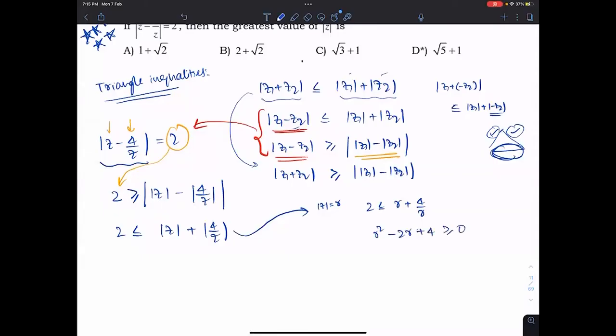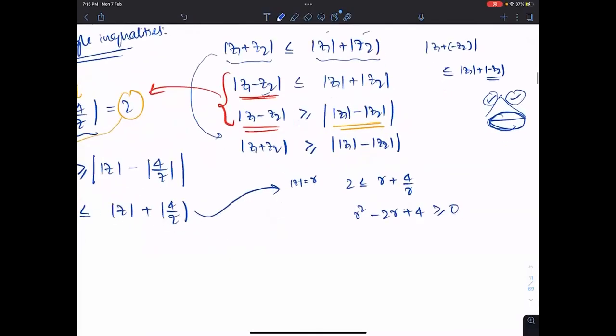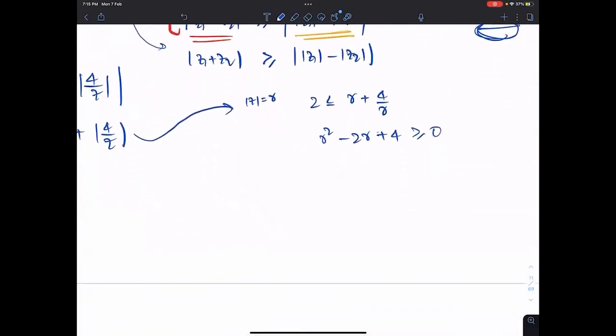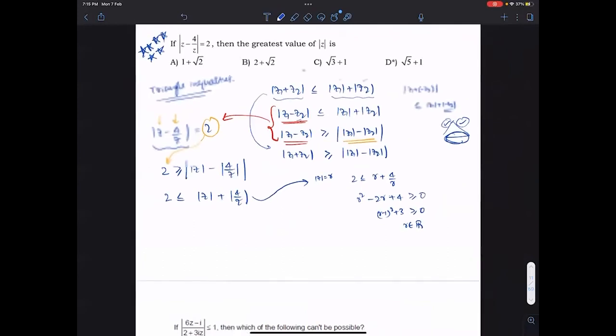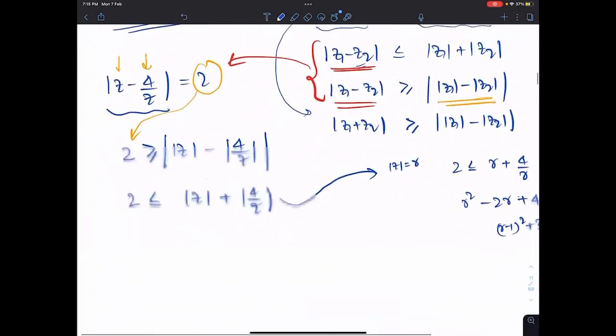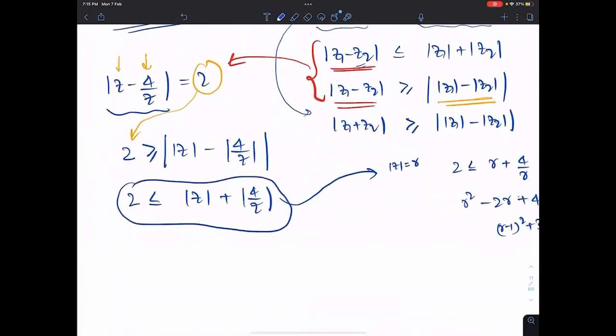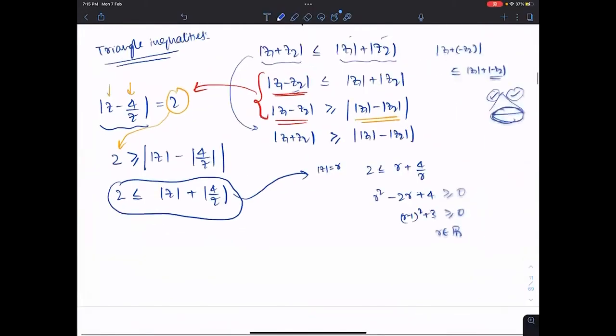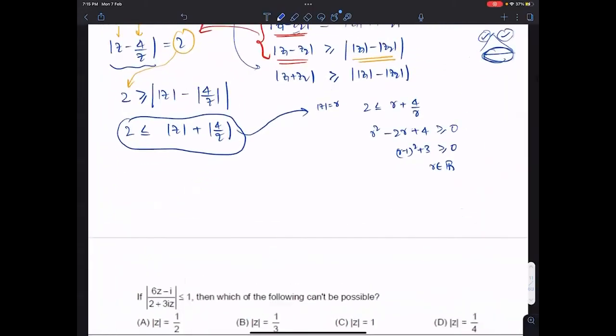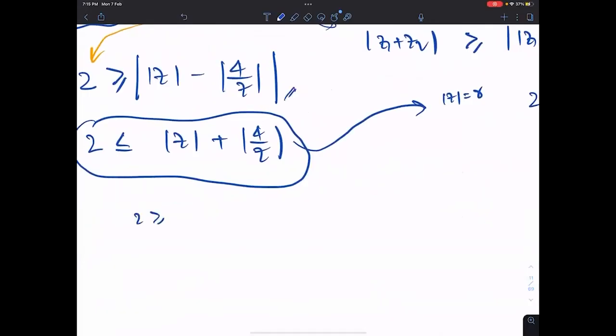This is an inequality you solve as a quadratic. It is simply R minus 1 whole square plus 3. When is it greater than or equal to 0? Always. We get R belongs to all real numbers. So no matter what the value of mod Z is, this inequality is always satisfied. Then we have the other one here: 2 is greater than or equal to modulus of R minus 4 by R.